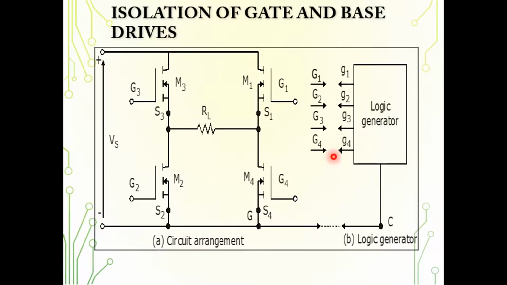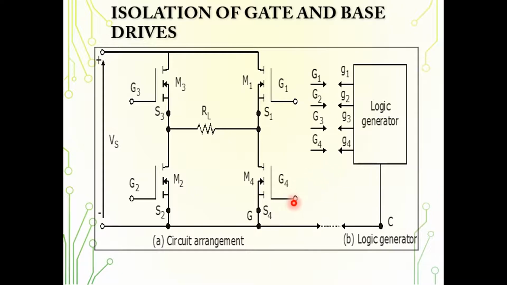So you can observe here, we have a logic circuit which generates the pulses which can be applied to the MOSFETs M1, M2, M3 and M4. This logic circuit has a common ground and this common ground can be connected to the ground terminal of the circuit. Now, how are you going to apply the pulse across the MOSFETs?